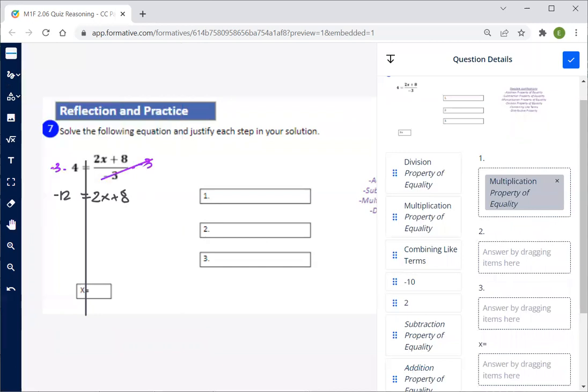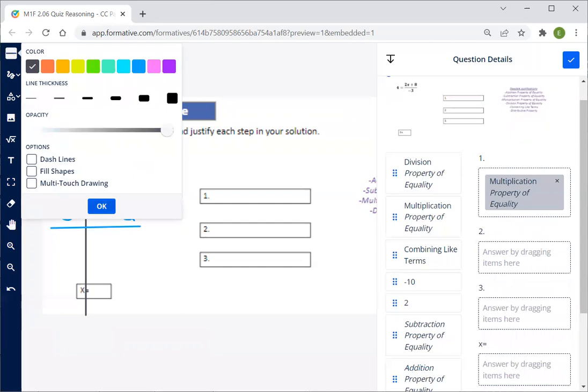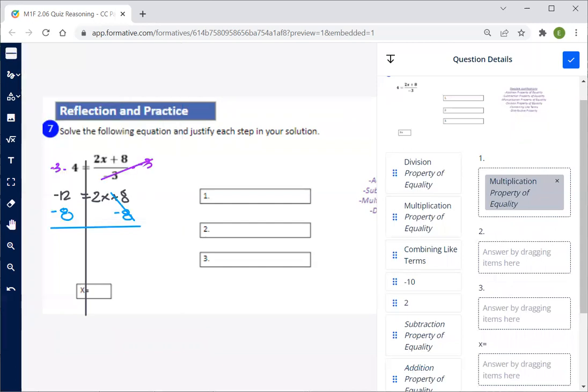So we need to undo that plus 8. So we need to subtract 8 on both sides. Okay, so that leaves us with -12 minus 8 is -20 equals 2x. And we subtracted on both sides. So that's subtraction property of equality.